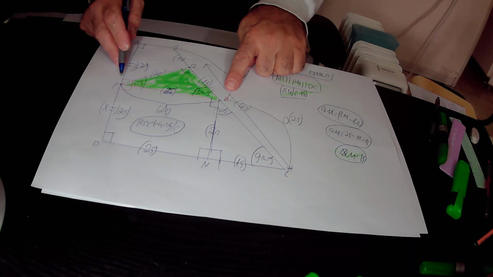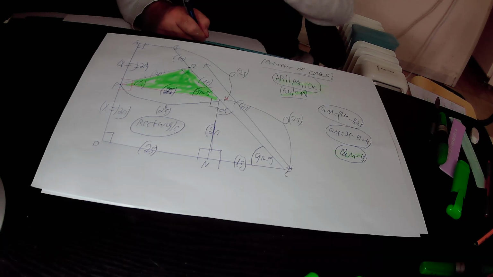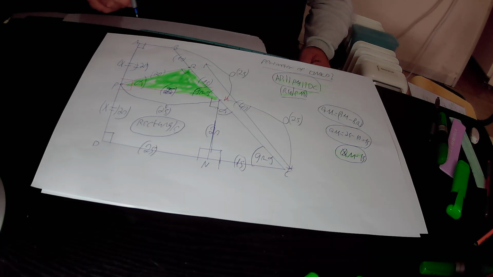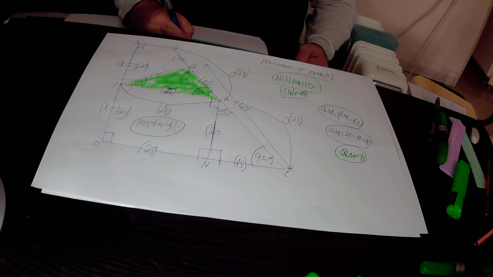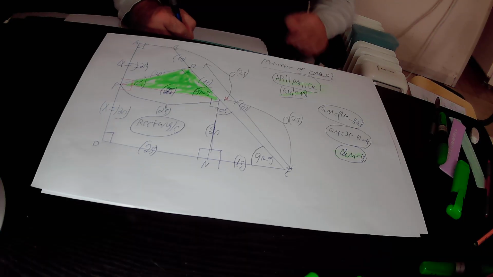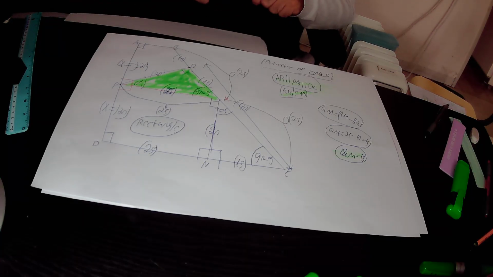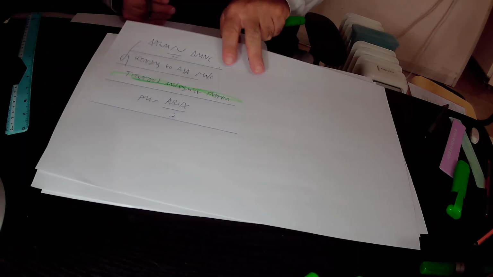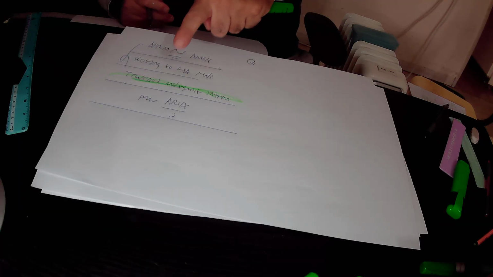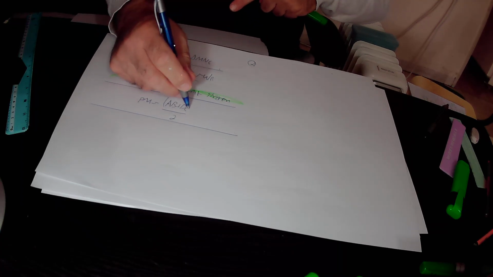Repeat again. According to the trapezoid mid-segment theorem, the length of mid-segment PM is equal to the sum of its two parallel bases, that is AB plus DC over 2.